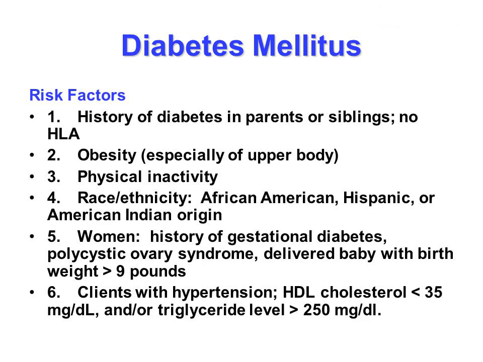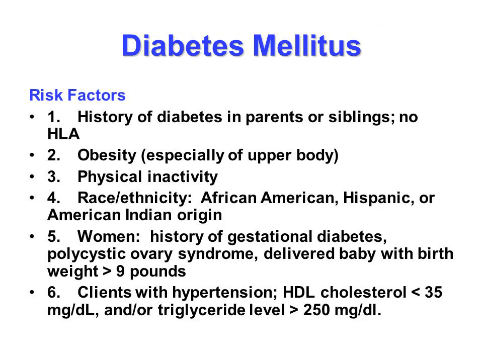1. History of diabetes in parents or siblings, no HLA. 2. Obesity, especially of upper body. 3. Physical inactivity. 4. Race/ethnicity, African American, Hispanic, or American Indian origin. 5.